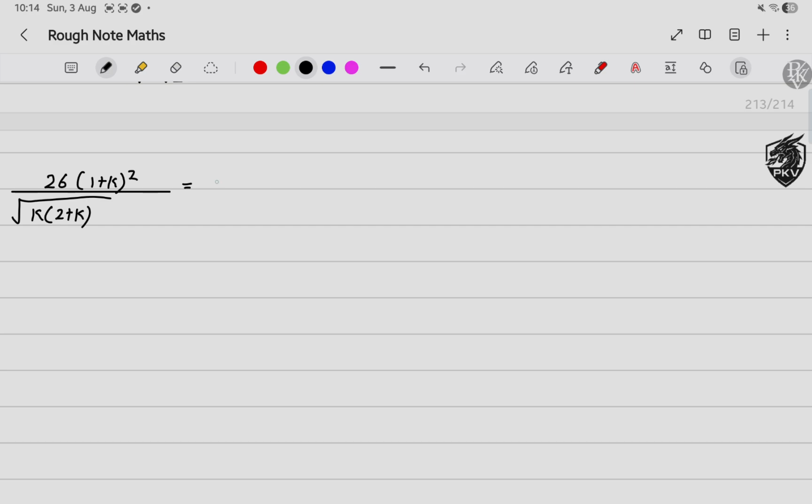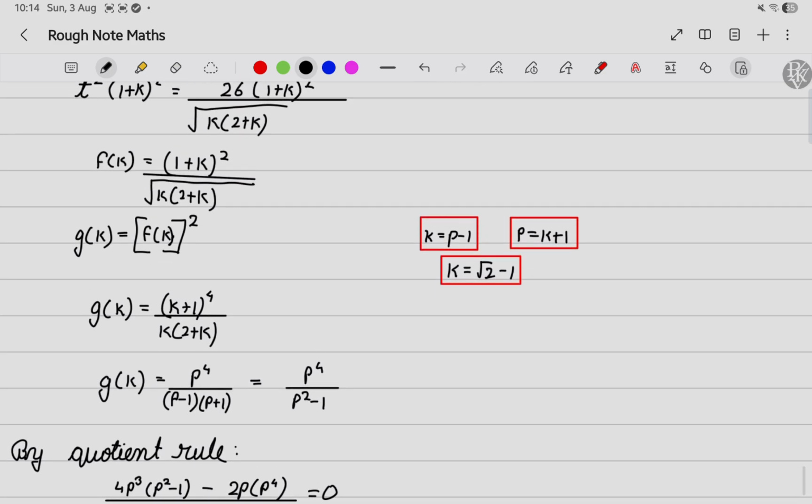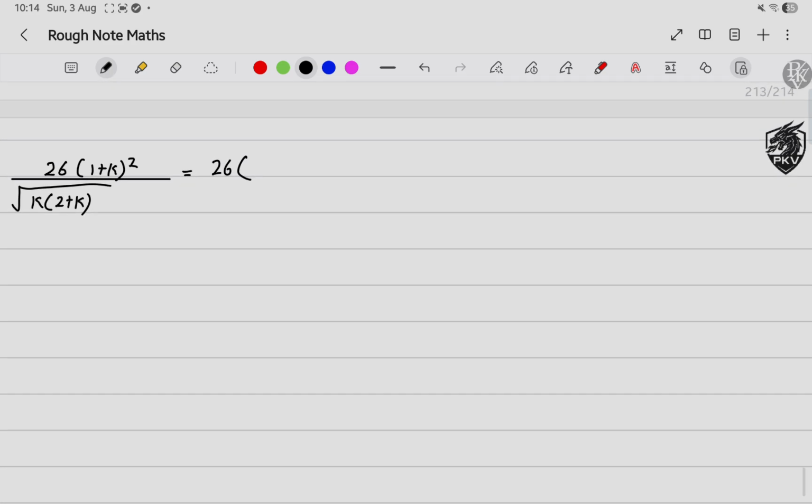That will be 26 times 1 plus root 2 minus 1, that becomes root 2 the whole square, so times 2 divided by, now here's where it gets tricky, I need you to focus. K becomes root 2 minus 1, and 2 plus k becomes root 2 plus 1.